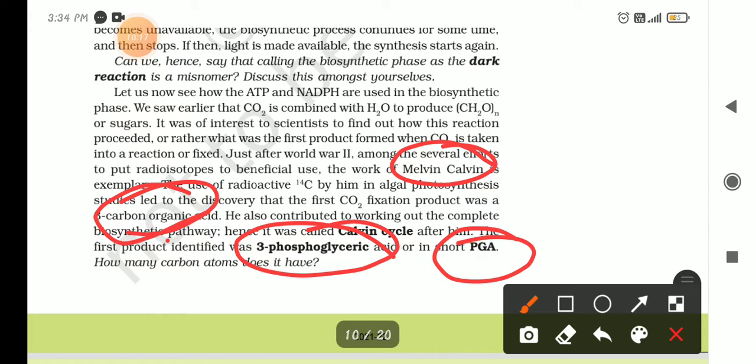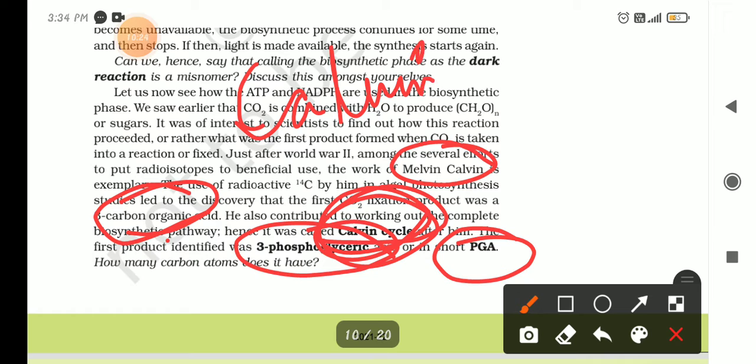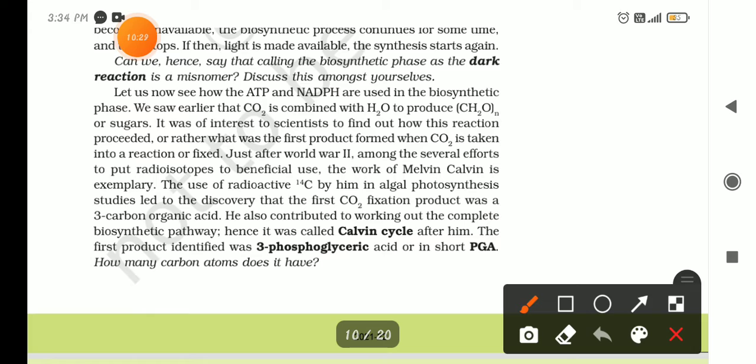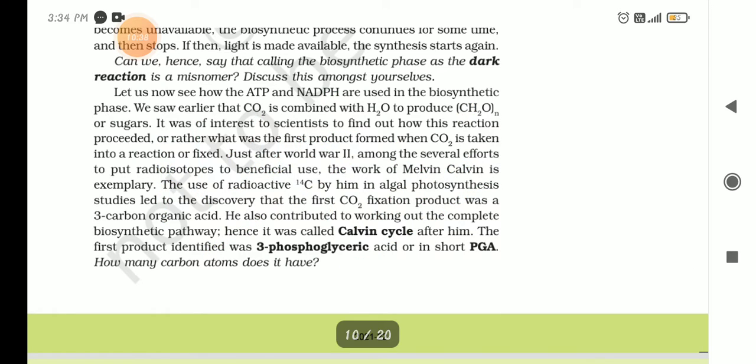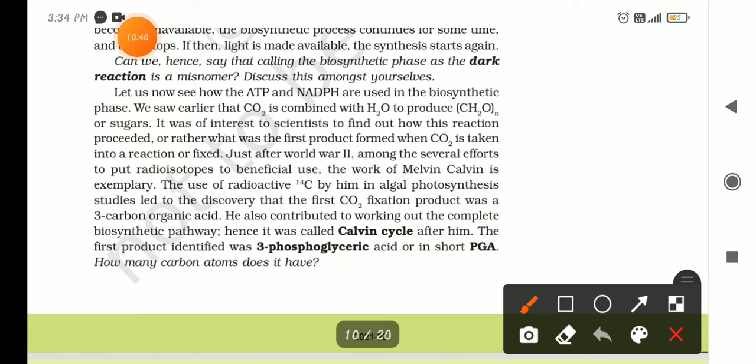So the pathway which he gave is the Calvin cycle. Calvin cycle was given by whom? Melvin Calvin. And he discovered that the first product of CO2 fixation was what? A 3 carbon organic acid, 3-phosphoglyceric acid.